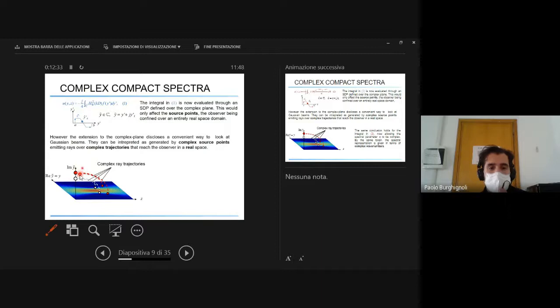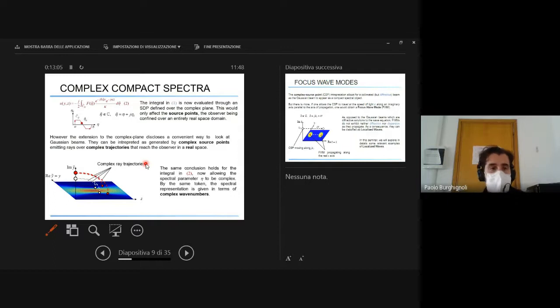You can imagine that this Gaussian beam, generated over a real space constituted by the z-axis and the real y-axis, is generated by a source located over the imaginary axis and gives contribution to the real field generated on the real aperture through complex radial trajectories. And the same conclusion can be obtained even if we start from the spectral representation.